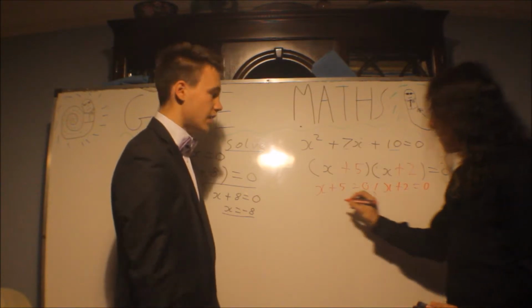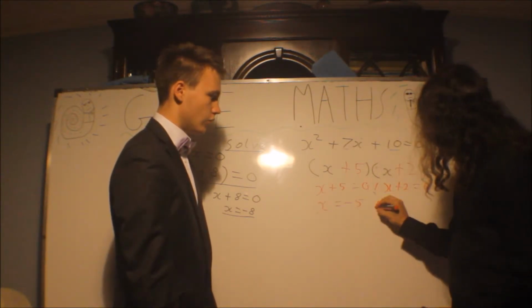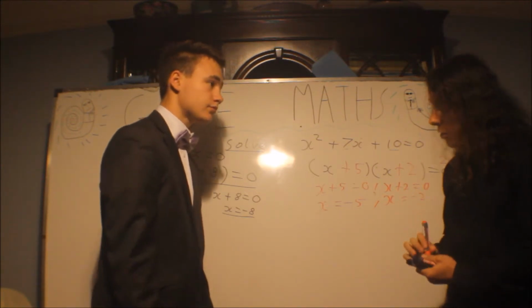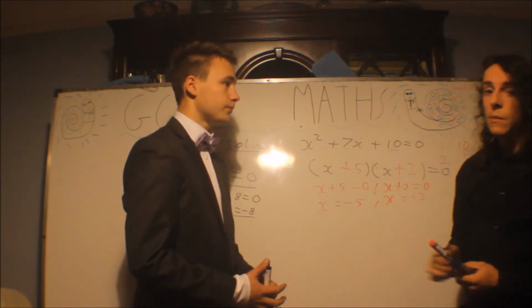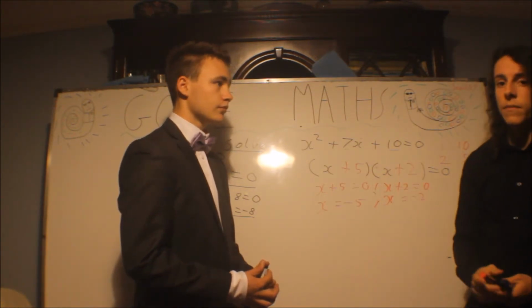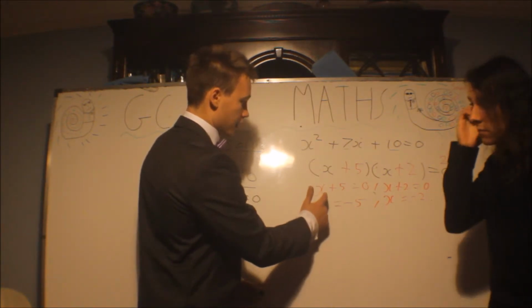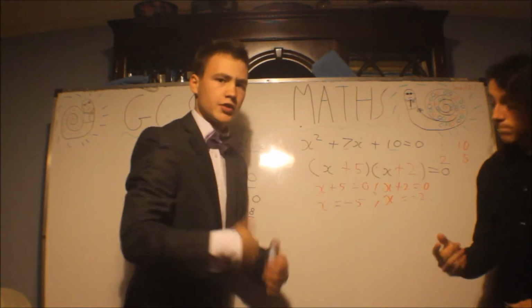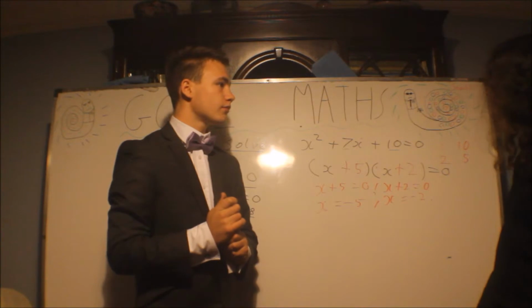So we get two separate answers: x equals minus 5, or x equals minus 2. Now, a fast way to do this is just to know that it's the opposite sign and that it equals the x, but you can do it in full every time. The reason for that is, if x is minus 5, then minus 5 plus 5 equals 0. That times that bracket will equal 0. So that's why we do it, just in case you're wondering, like in the other one before.